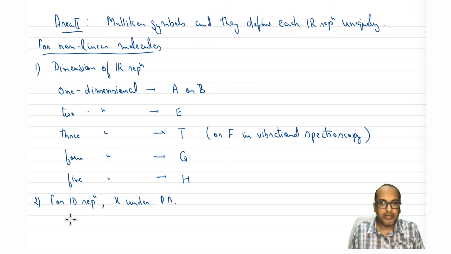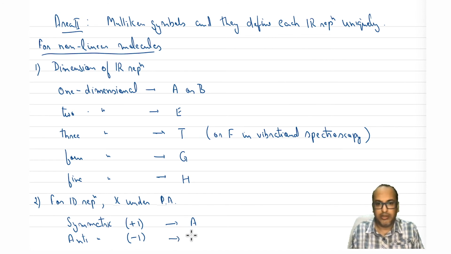If the character is symmetric, that is, the trace is +1, then the symbol is A. If it is anti-symmetric, that is, the trace is -1, it is called B. So here dimension was not able to classify between A or B. The character under principal axis rotation defines, within a one dimensional representation, whether it is classified as A or B.